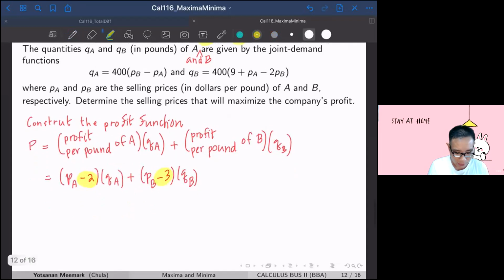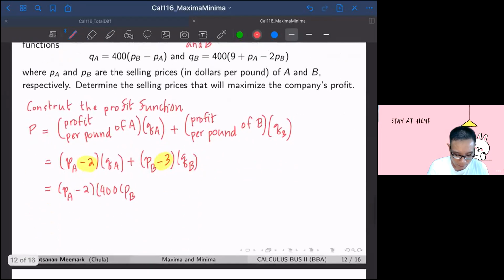So you're gonna plug everything in. This one is gonna be (PA minus 2) multiplied with QA, which is 400 (PB minus PA), and you're gonna plus (PB minus 3) times 400 (9 plus PA minus 2 PB).